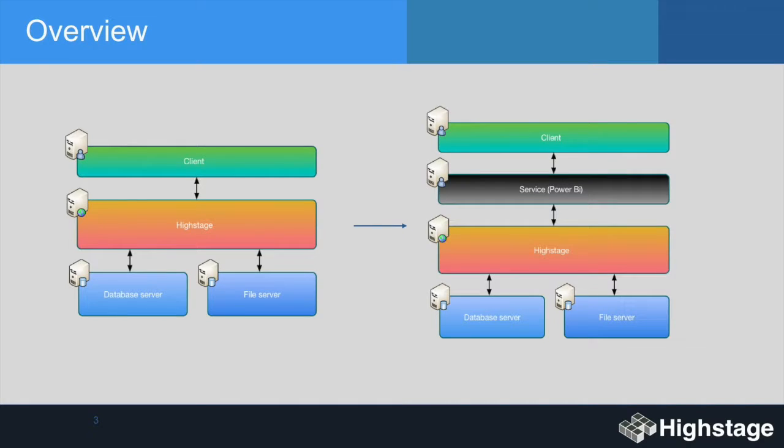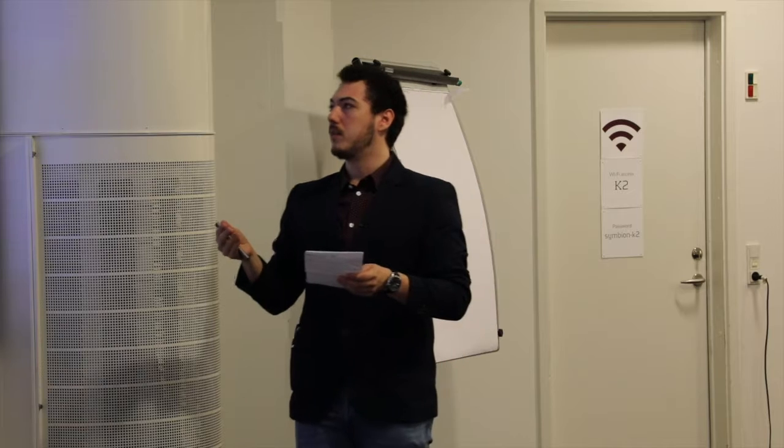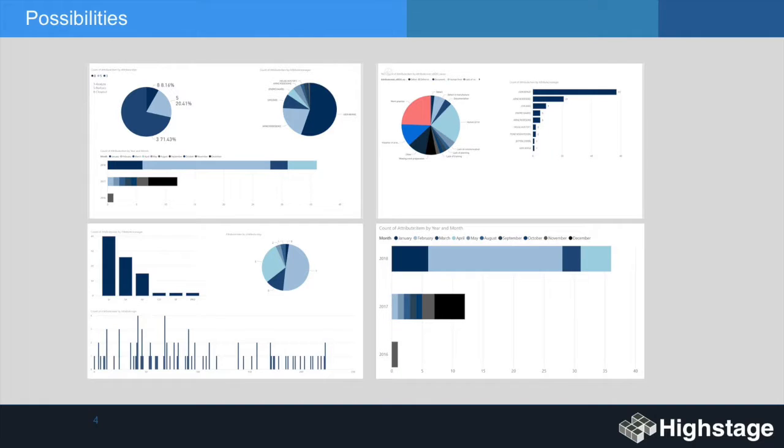On the left, we have the overview of the HighStage architecture, while on the right is our vision of how we see Power BI implemented. It would be between HighStage and the client. And instead of a user, for instance, we can have Power BI use data from HighStage.